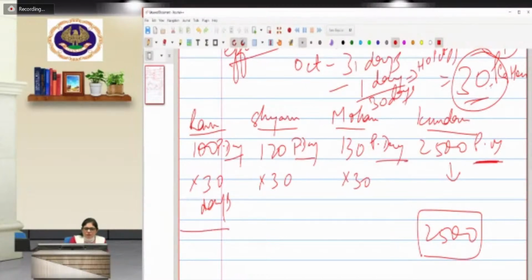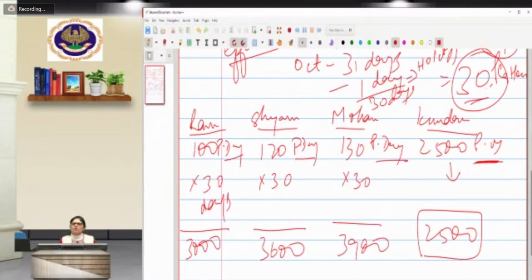So this is how it will be. 3,000 for October month paid to Ram. 30 into 120, 3,600 was paid to Shyam. And 130, 3,900 was paid to Mohan. So this was the gross they were paid. All right. So Ram, Shyam and Mohan for 30 days. For one holiday, they were not paid. Kundan was paid for the entire month.